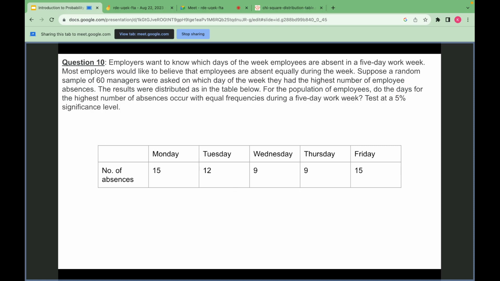In this random sample you can see they are not equal, but we are asked whether those are equal based on this given data. So if those are equal, then what should that equal number be? The total number of absent people is 60. Here, suppose a random sample of 60 managers were asked. So 60 divided by 5 is 12.